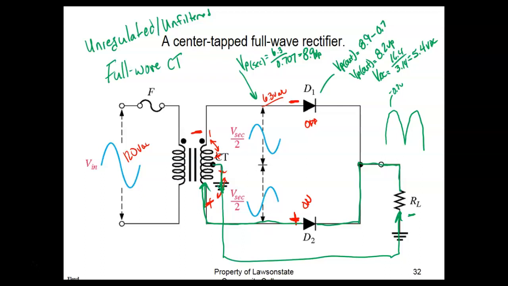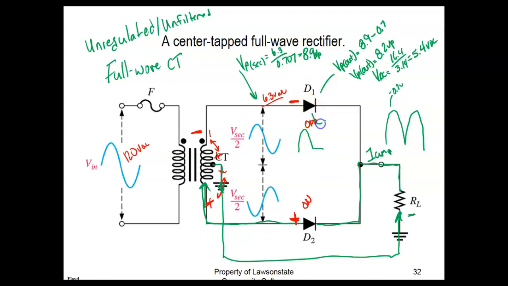Now a nice big battery is a really good filter. And what's nice about this, the diodes are only conducting half the time. So that means if I had a 1 amp power supply, this would have 1 amp here, right? And then it'd have 0 out there, so it would average out the current.